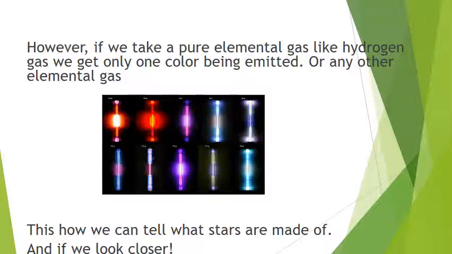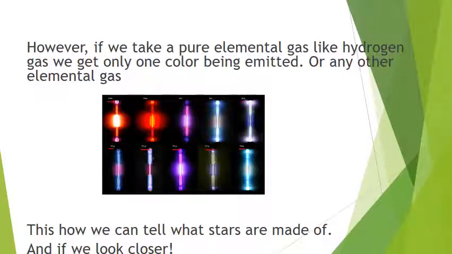So here there's helium, neon, argon, krypton, xenon, hydrogen gas, deuterium, which is hydrogen with a neutron, nitrogen gas, oxygen gas, and mercury gas. And if you look at all of these, they're not white light. They all have their very specific colors.